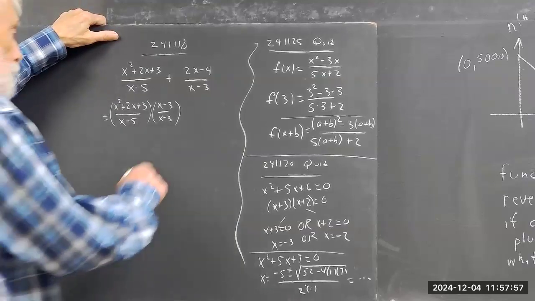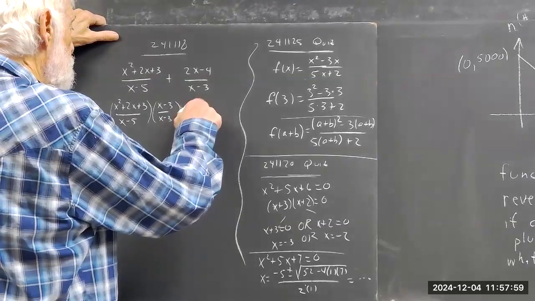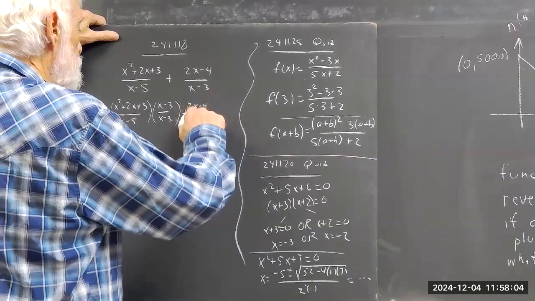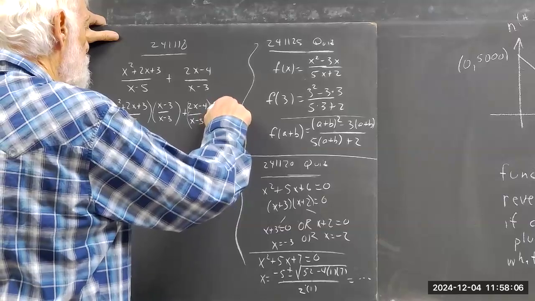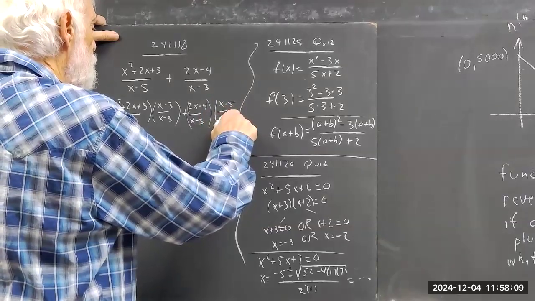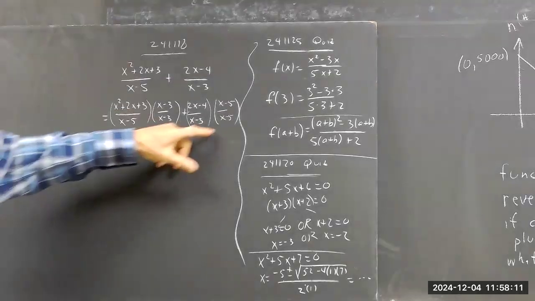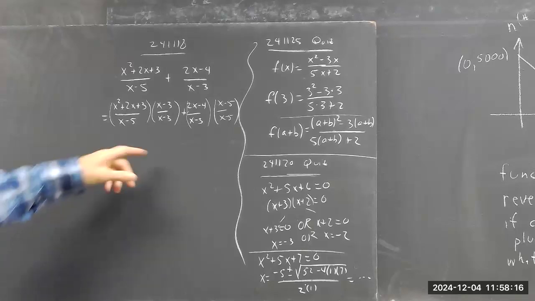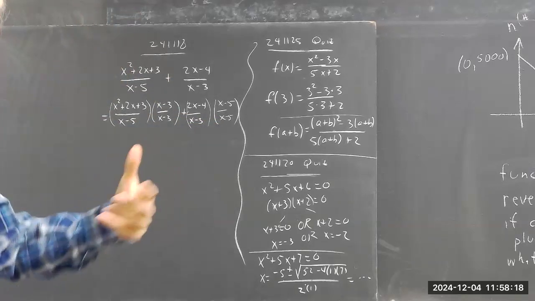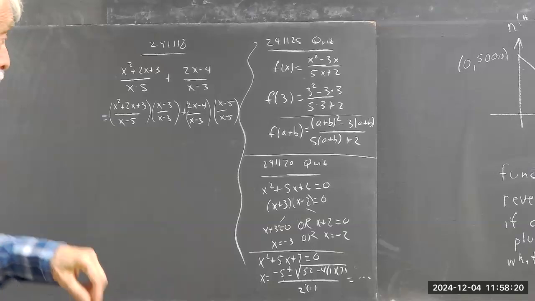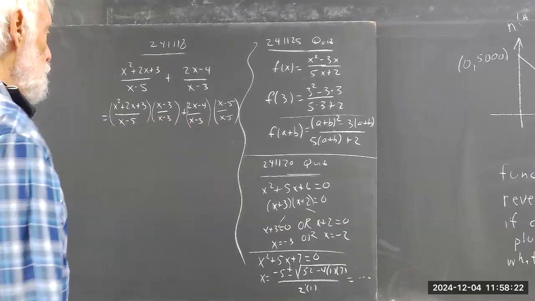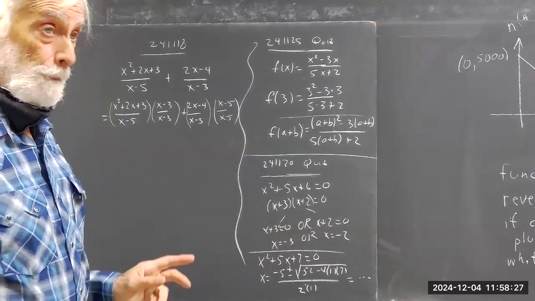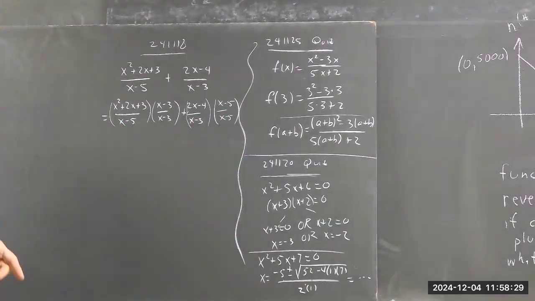So there we have this second one with the same denominator. Now the x minus 5 and x minus 3 are in different orders, but that makes no difference. If we were to multiply it out, we get x squared minus 8x plus 15 either way. So this denominator is identical to this one.